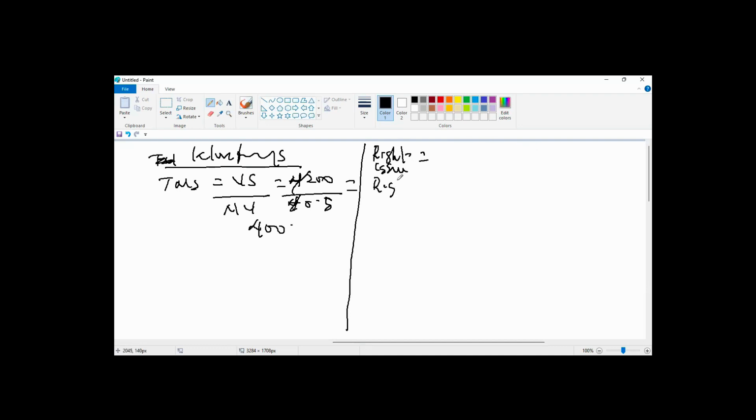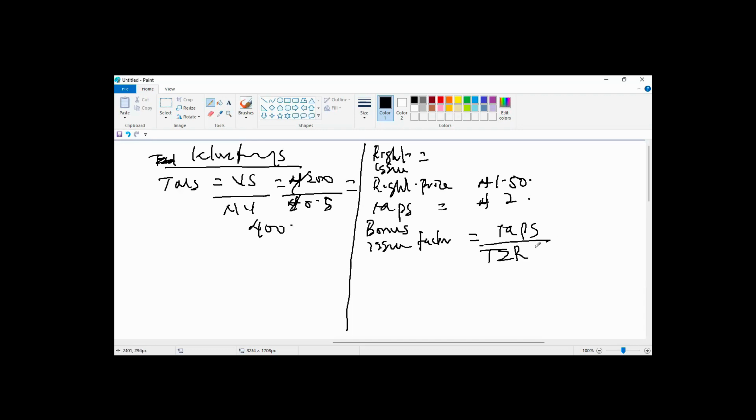The rights price, the market price per share, the bonus issue factor: cost to market price per share, all over. The market price per share is 2 naira.